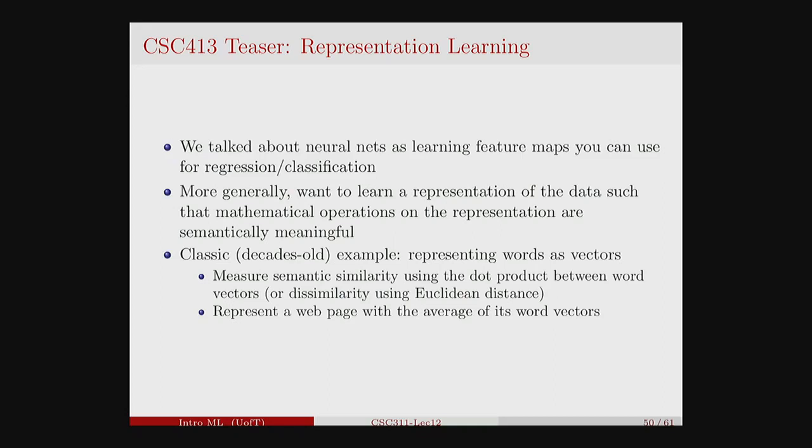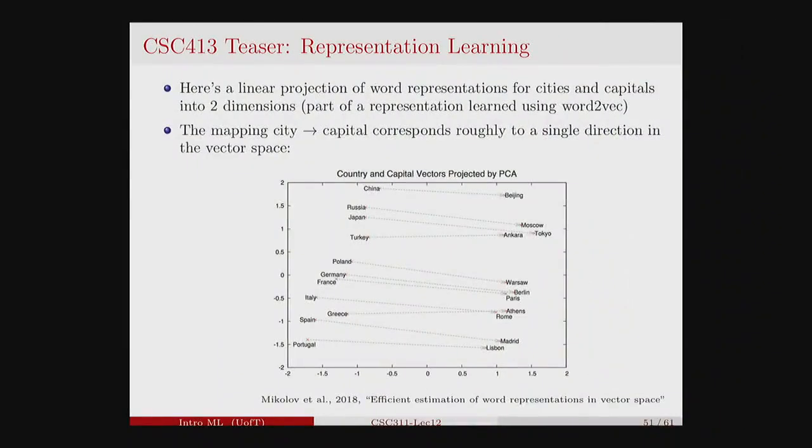And generally, we want them to learn some representation of data so that mathematical operations on those representations have semantic utility. There's a really nice paper that I encourage you to read called Efficient Representations of Words in Vector Spaces that talks about how prediction as a task is an interesting construct for finding representations that have interesting semantic properties.